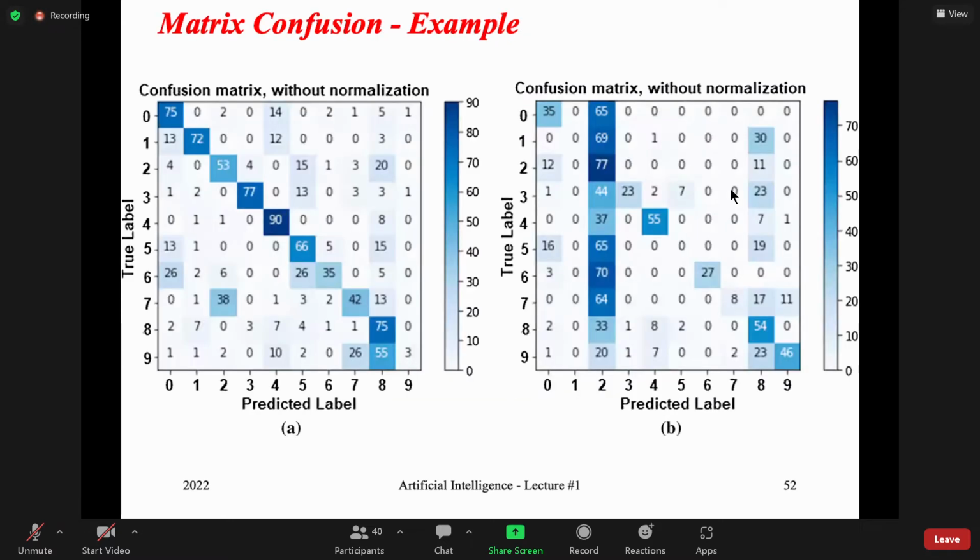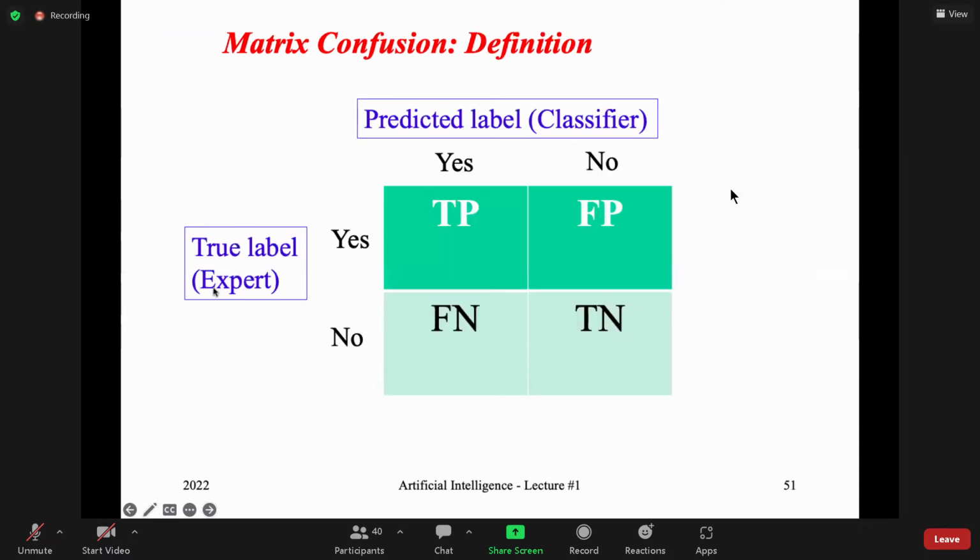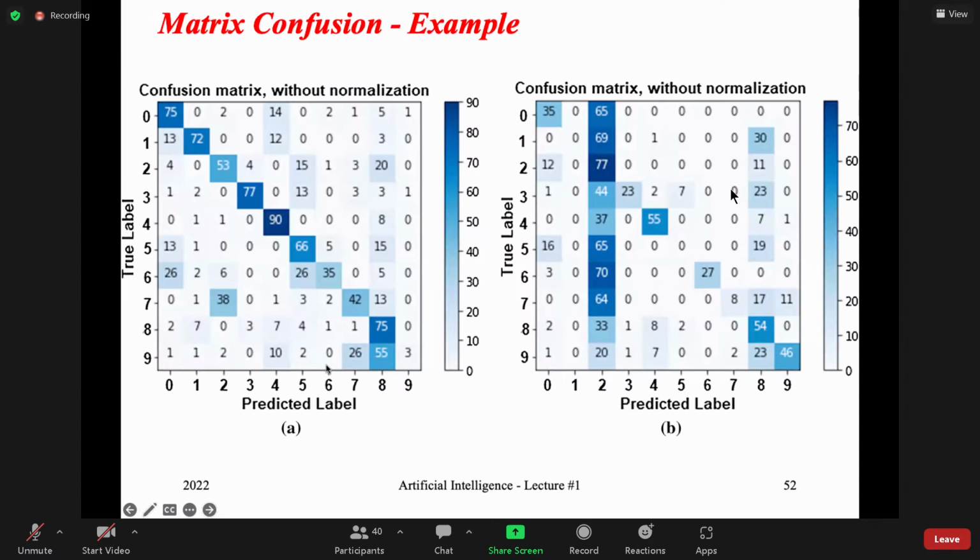We can see some examples here. Ideally, that is what we obtain. Here we have the true label, which is the expert, and here is what we obtain with the classifier.